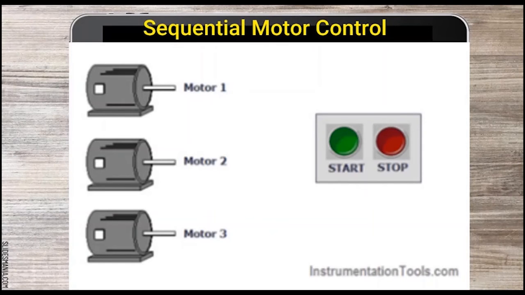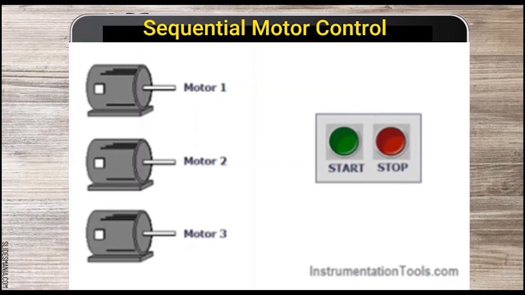The third example in a PLC application is sequential motor control. In this case, the motors need to operate sequentially. There are a total of 3 motors to be controlled in a sequence. Each motor will start sequentially. Firstly, motor 1 will start, then after some delay, motor 2 will start, and after some delay, motor 3 will start.